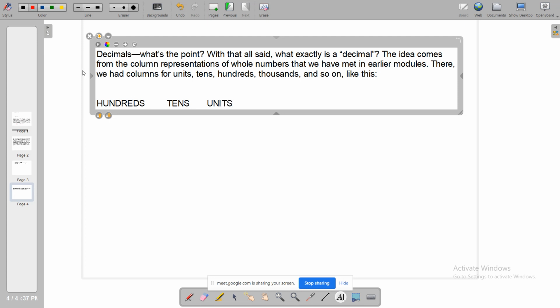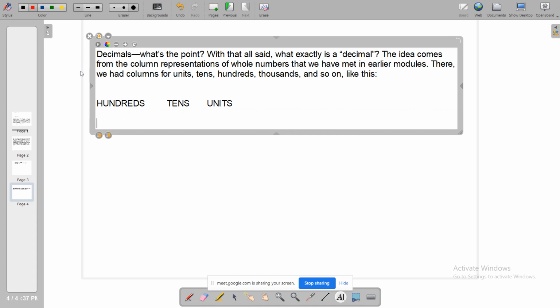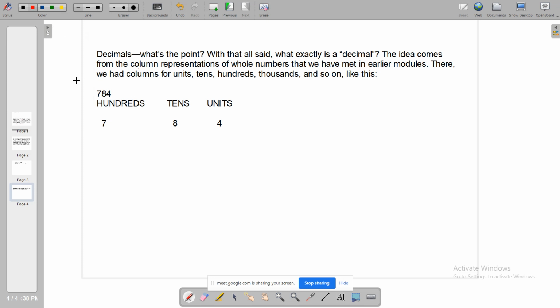If I have a number, let's say 7 here, 8 here, and 4 here, these are the numbers that I have. So the number that I've written here is 784.